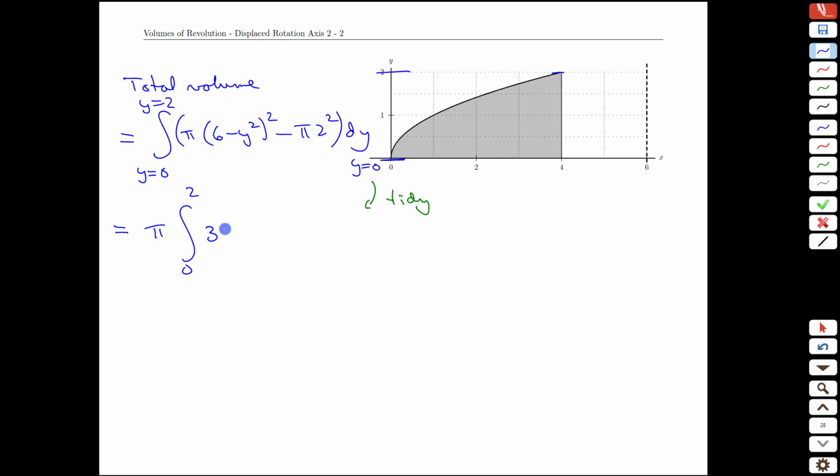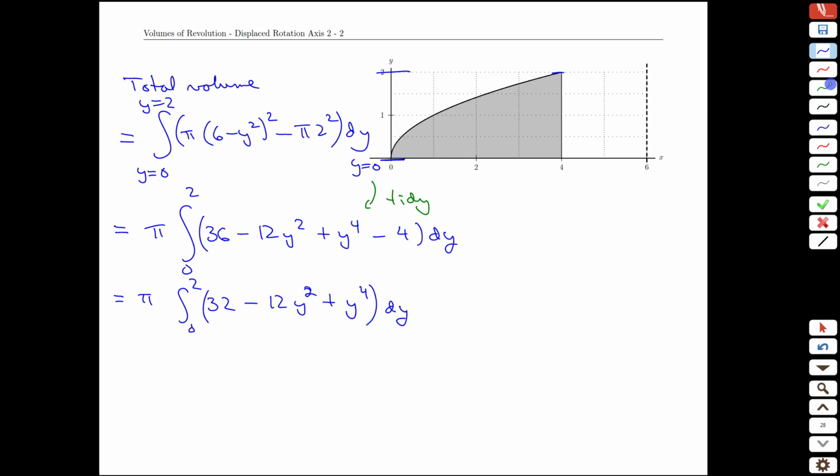So this will be 36 minus 12y squared plus y to the fourth, and minus 4. The pi's are out front, so it's just minus 4. Close that off. All of that is times our little increment of y. Before we do anything else, we can combine the 36 and the 4. So we'll have the integral from 0 to 2 of 32 minus 12y squared plus y to the fourth dy.